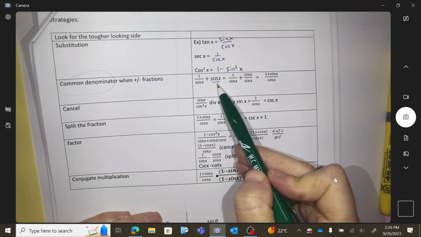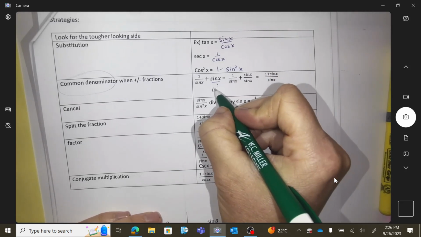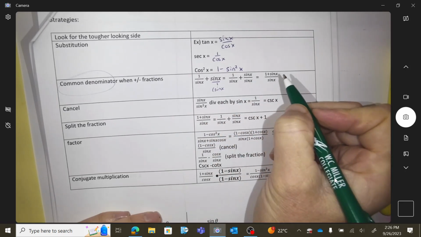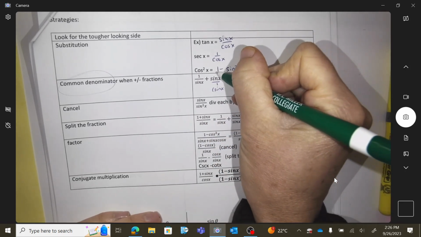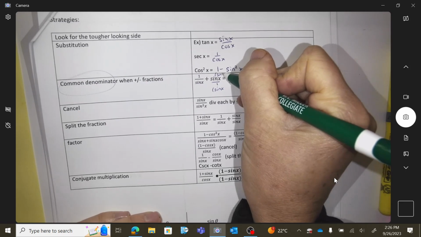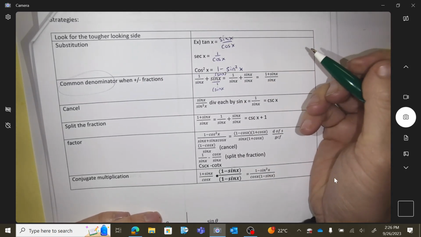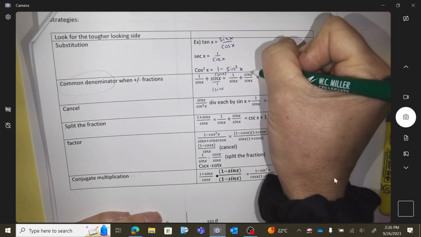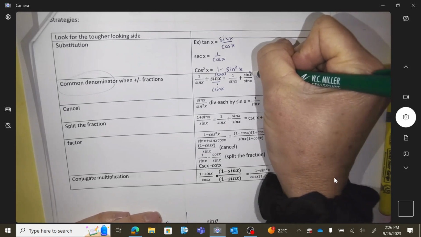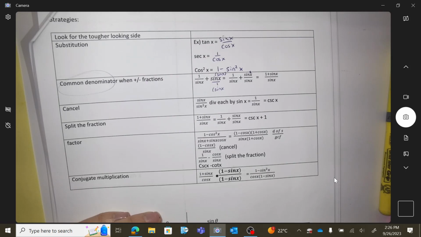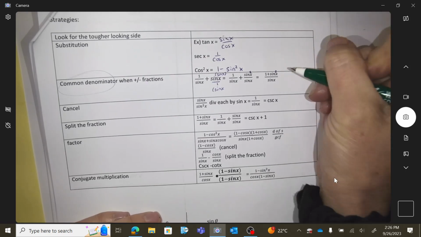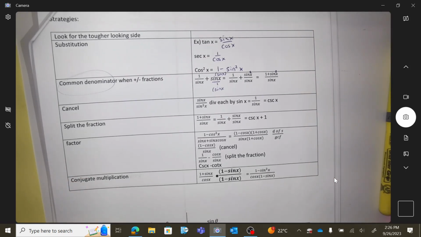But what would you have to do to the top then? You would also have to multiply it by sine x, which would turn it into a sine squared x. Okay, so that's an example. I don't think I meant to write that in wrong, but now that I see it there, it was wrong.